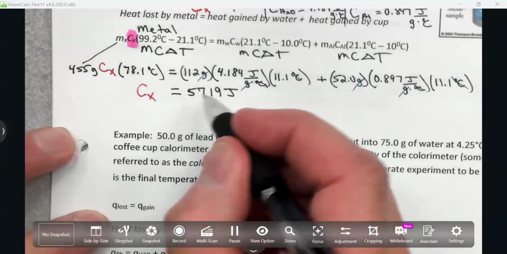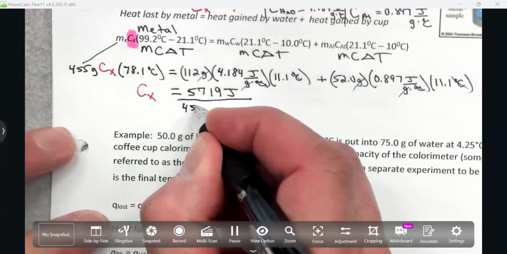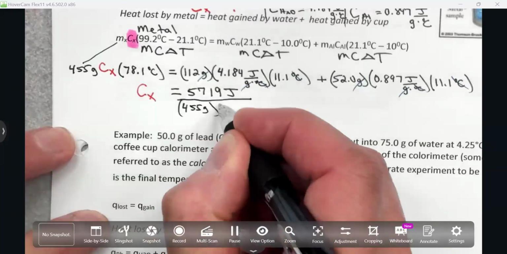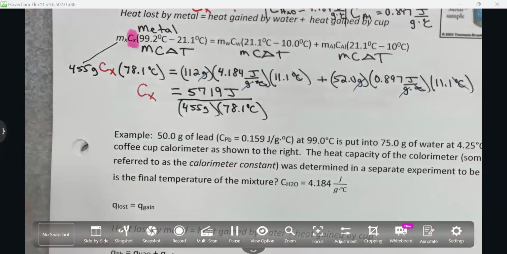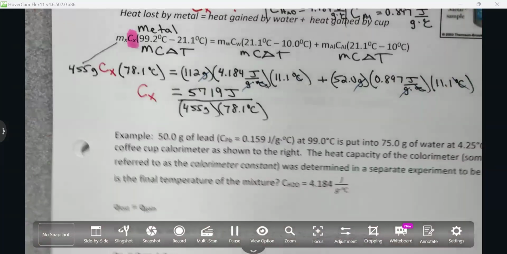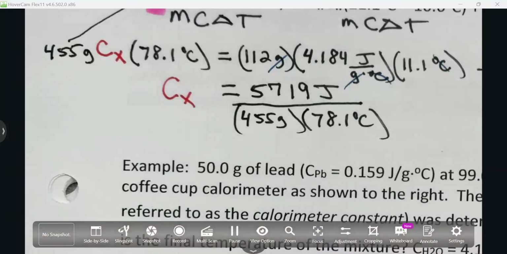And I could divide by 455 grams and 78.1 degrees Celsius. Look at what happens. All the chickens, pigs, and cows come out perfectly, right?